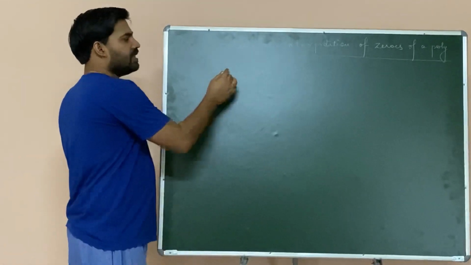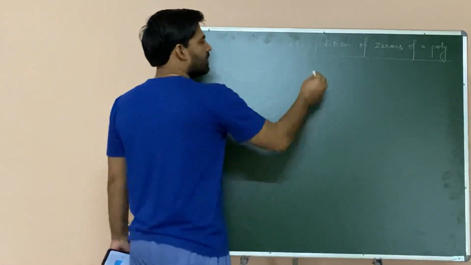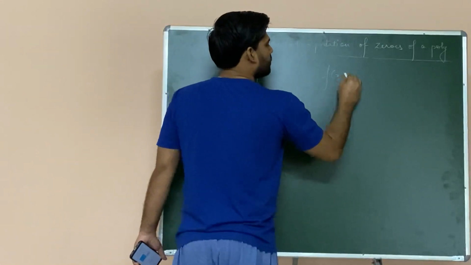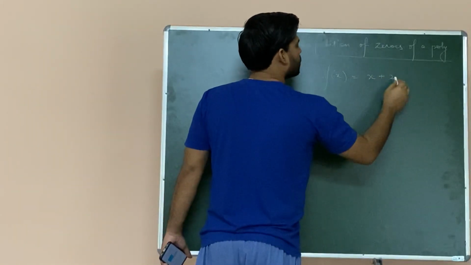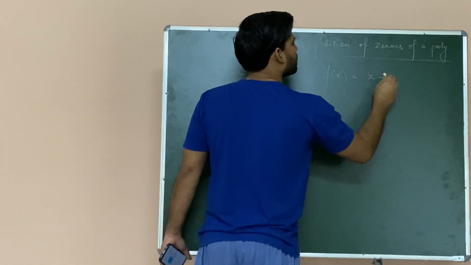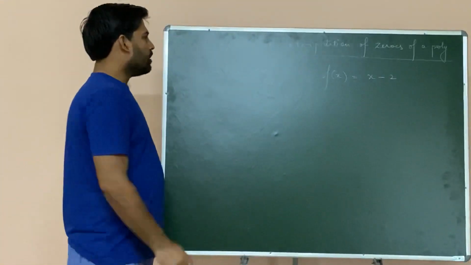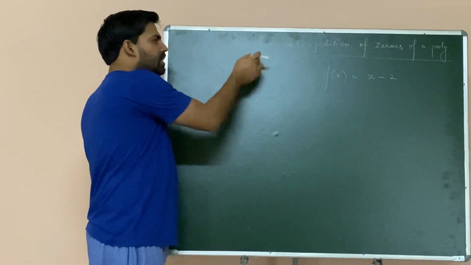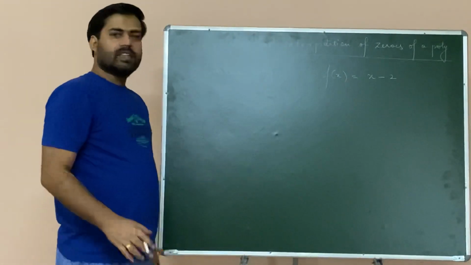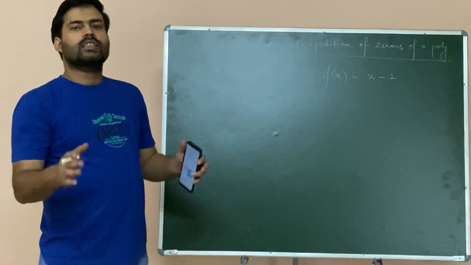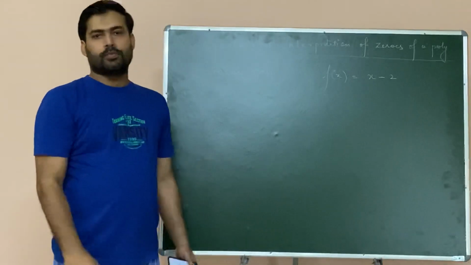So in a linear polynomial we will have, for example, f(x) = x + 2 or x - 2. Say I am having f(x) = x - 2. Now if I need to represent it in a graphical fashion, first of all we need to understand that in a graph, things are plotted based on the abscissa and ordinate of a particular point.